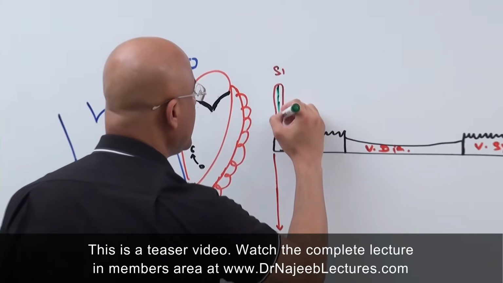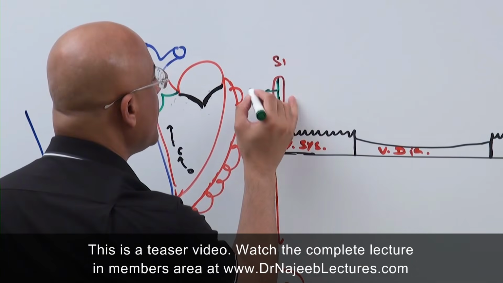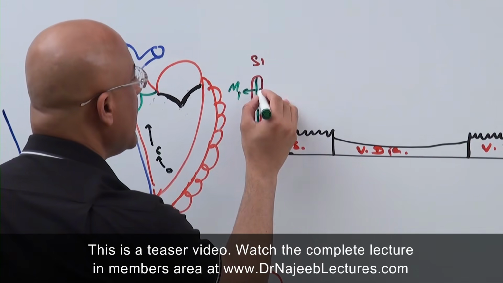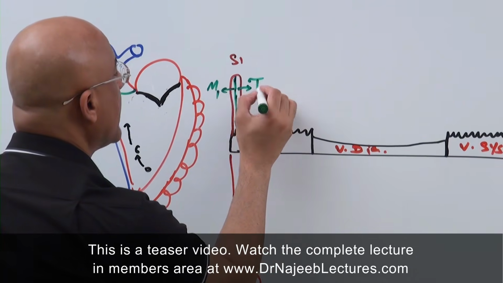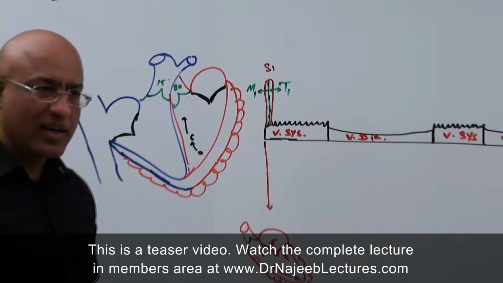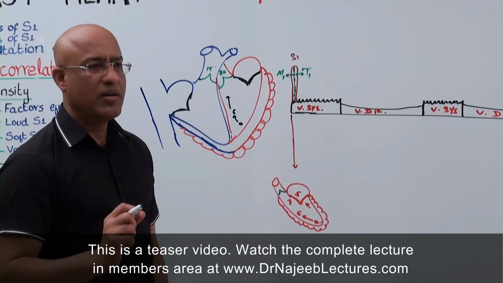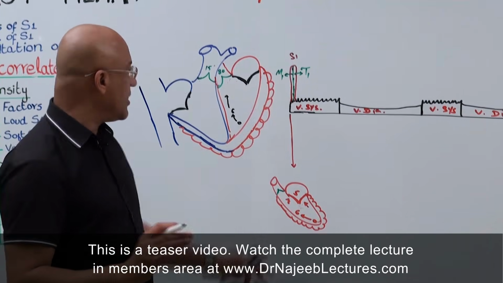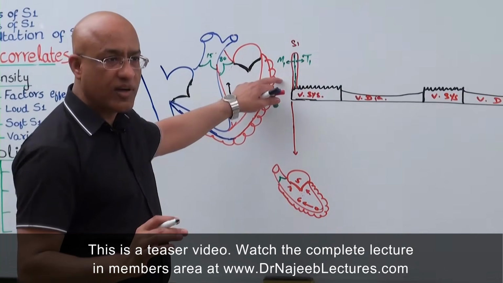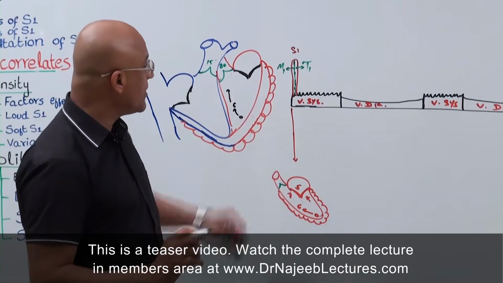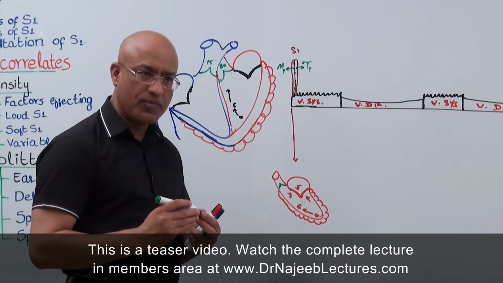What are the two components? The earlier component is M1 and the later component is tricuspid. Am I clear? But there is very little separation. In 50% of the patients, you may hear a single sound. This is the first heart sound.